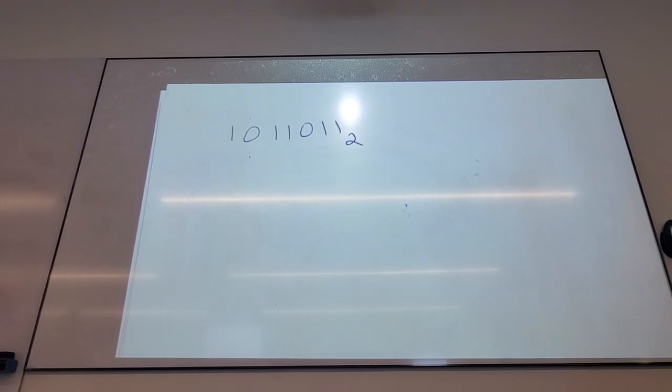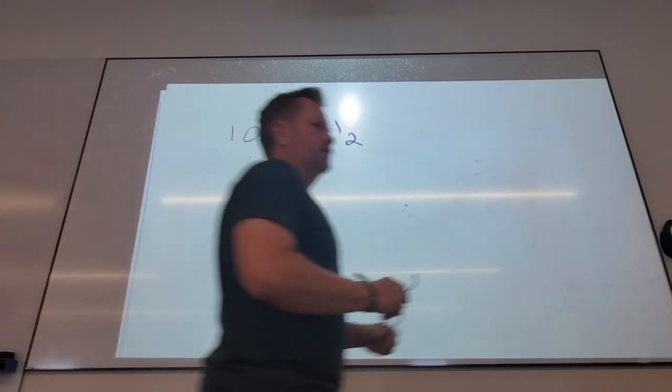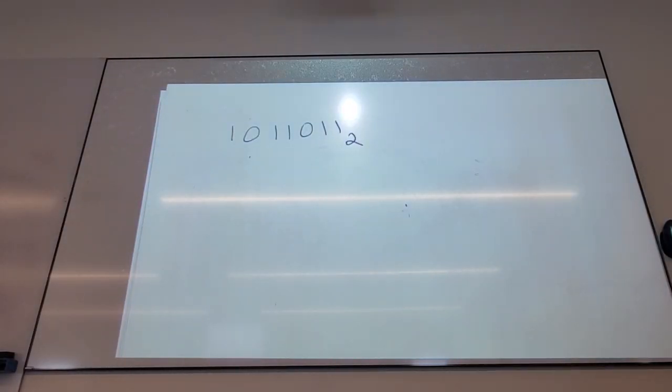Base 2. How many places are in that number? 7 places, yes? But it's only base 2. So even though that to us looks like 1,011,011, base 2 is going to be much smaller when I convert it to base 10. You guys follow? Because every place is now much smaller than in base 10.